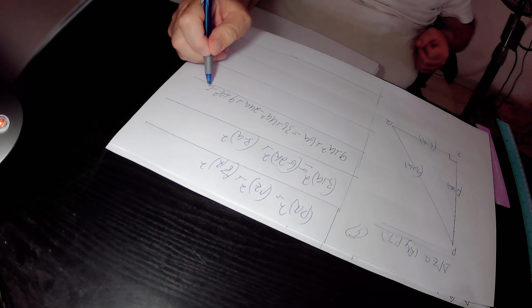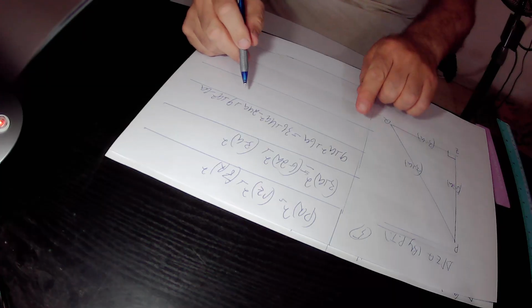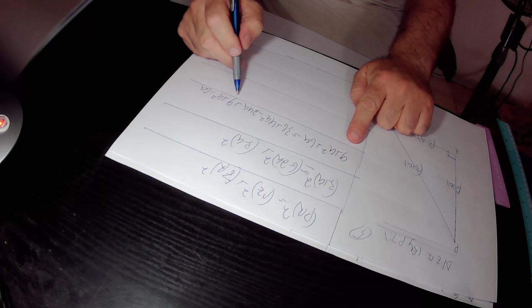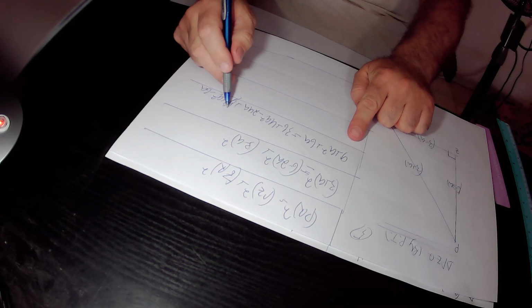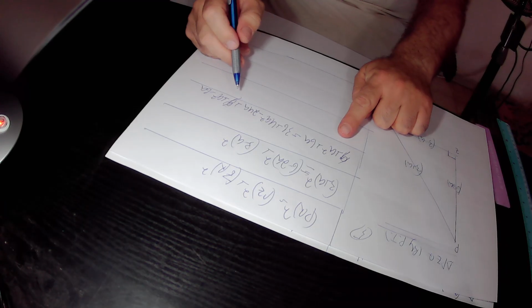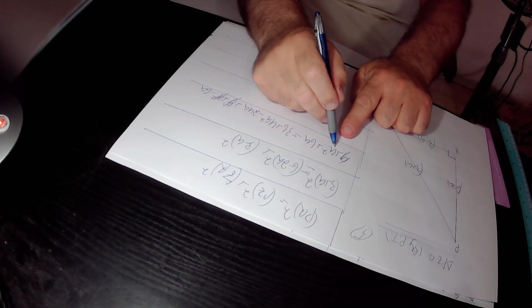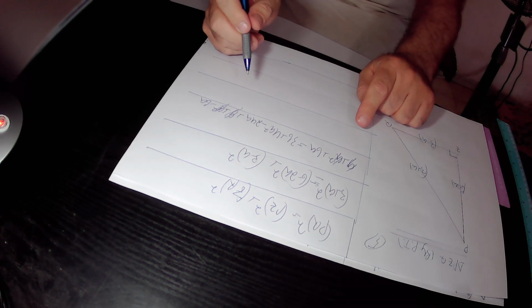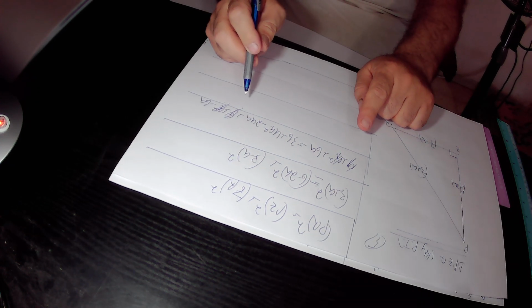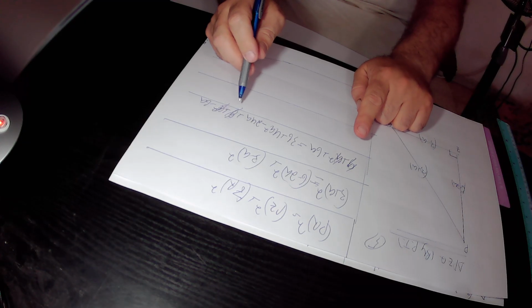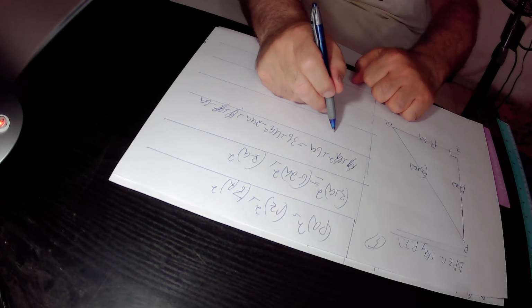That is minus 6A. So here we have 9 on both sides of the equation, so 9 will get cancelled. We have also A squared on both sides of the equation, so A squared also will get cancelled. What is left? On this side of the equation we are left only with 6A.